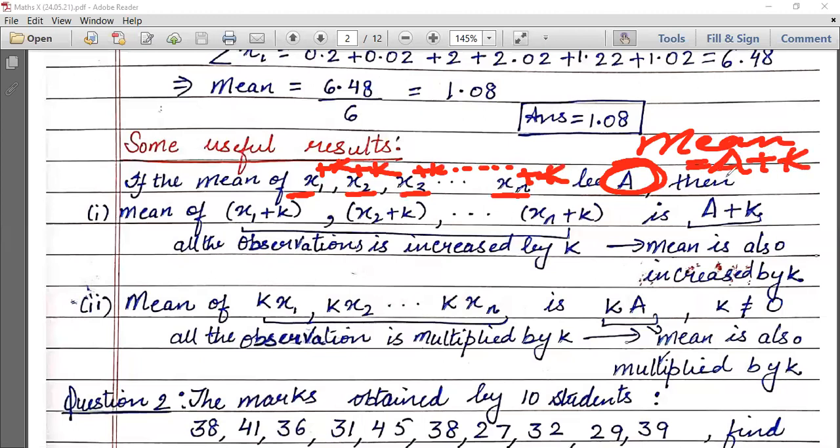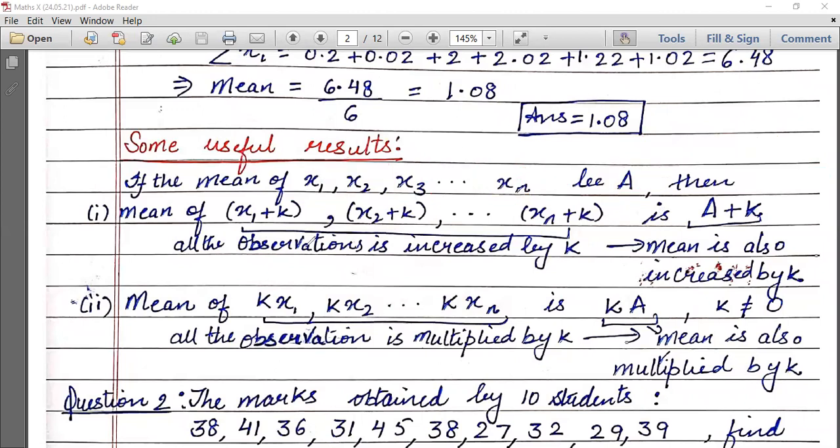So you will get the new mean as a plus k. If you increase all the observations by k, then your mean is also increased by k. Similarly, if all the observations are multiplied by k, then your mean is also multiplied by k. Is it clear, children?